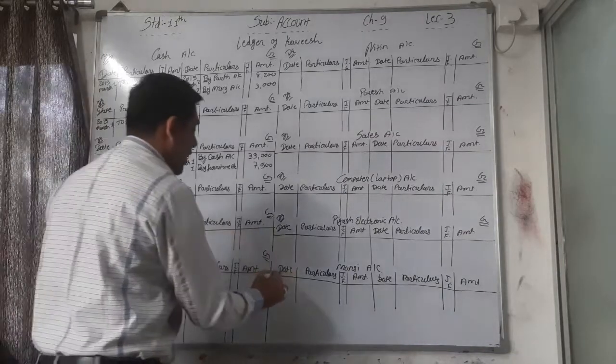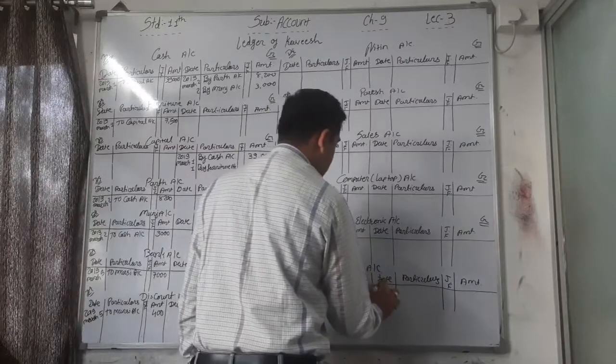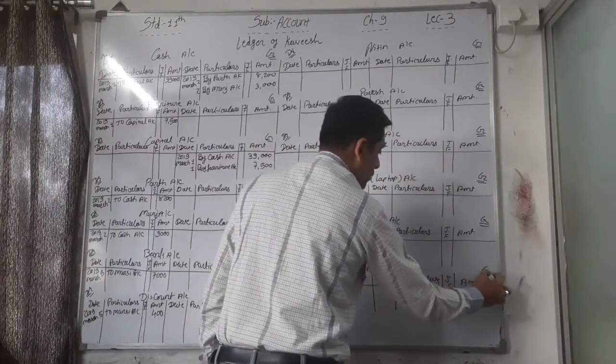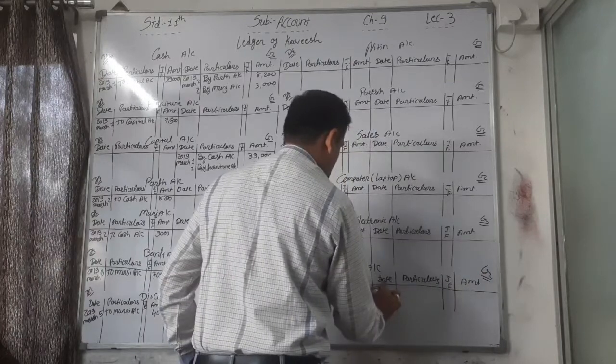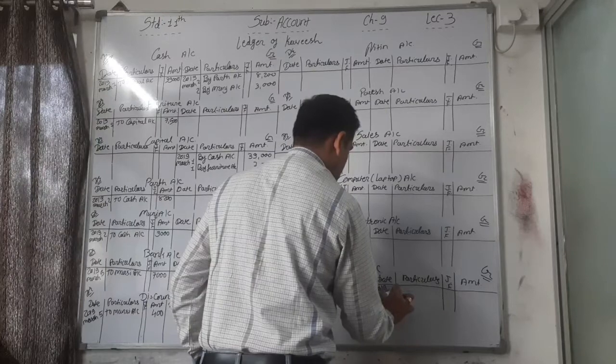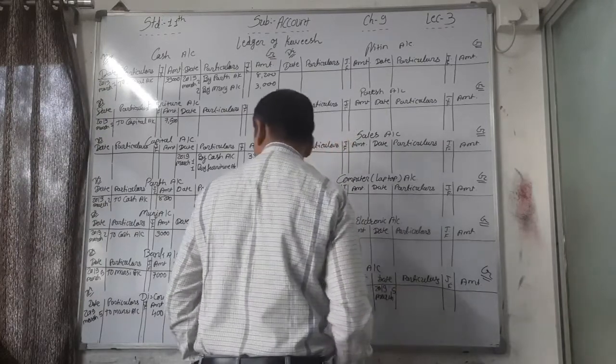Now in the Mansi account credit side, two entries are there.